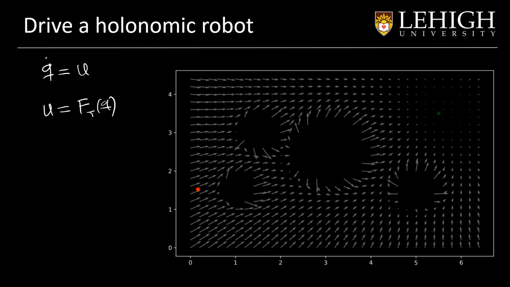And this is an example. This is our robot, this is our initial Q, and the goal is here. So if we simulate for many time steps, we will have a trajectory like this.